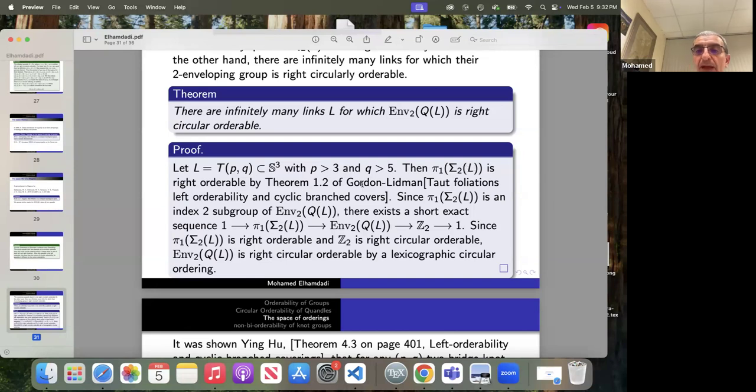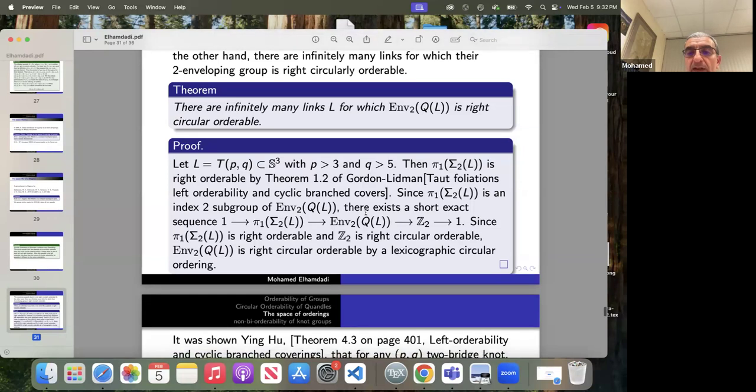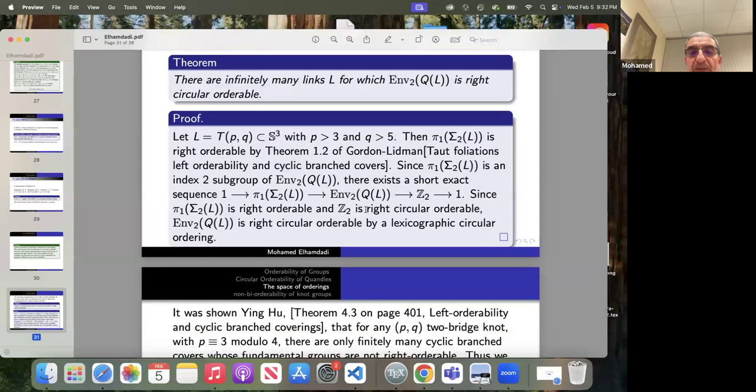This is a theorem in their paper titled Taut Foliations, Left-Orderability, and Cyclic Branched Covers. Now, since pi1 of the double branched cover is an index 2 subgroup of the enveloping group of the fundamental quandle of L, we have the short exact sequence.